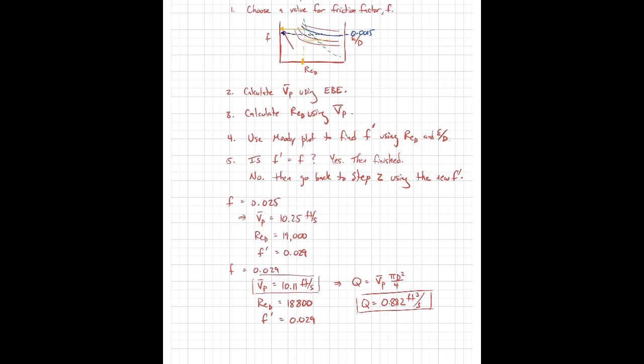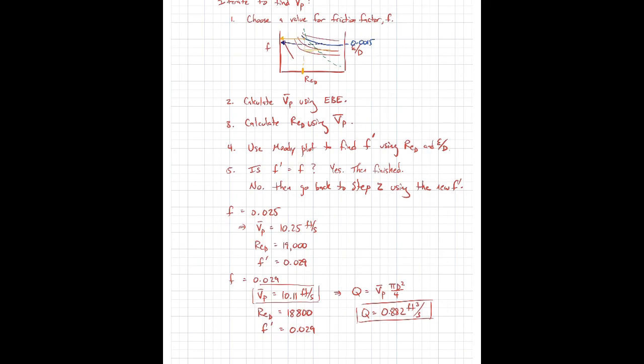So it's possible to have a different iterative scheme. It's possible that your iterative scheme may not converge. Most likely it will. The very last thing I'll say is it helps to have a good first guess in these kinds of problems. I made my first guess here just using the wholly turbulent zone for my friction factor.